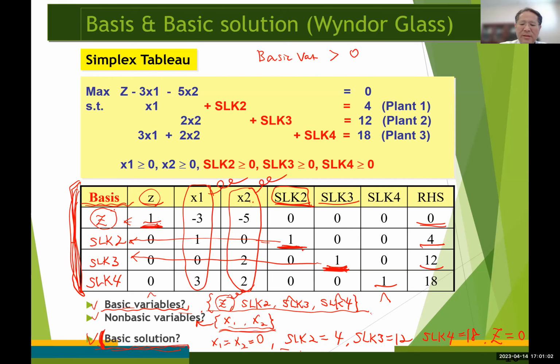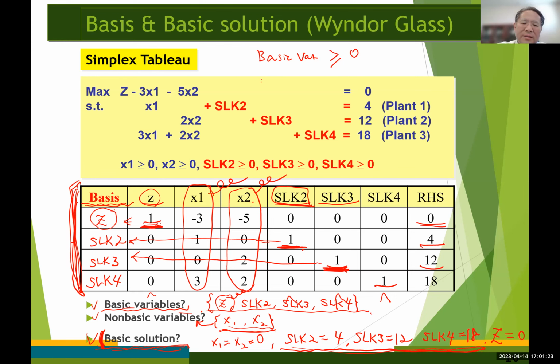Here, all of the basic variables have positive values. But sometimes a basic variable can have a 0 value as well, which is the degenerate case. Probably we are not going to talk about that in class, but just to let you know.